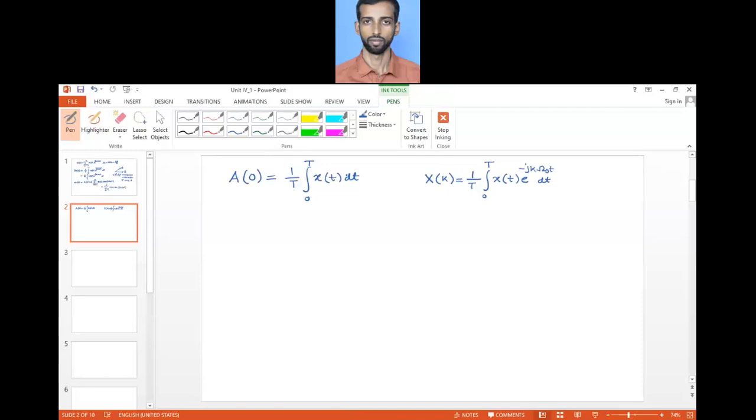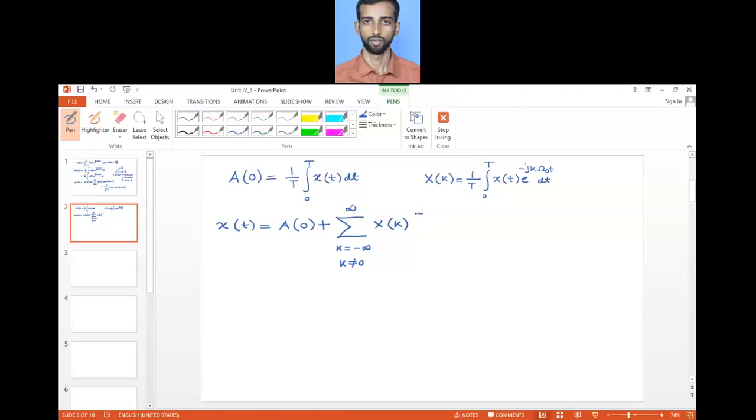Then we have the other components. So now we can represent this x of t as a0, which is basically the DC component, plus the sum over k going from minus to plus infinity, but k not equal to 0, of x of k e to the power j k omega naught t.